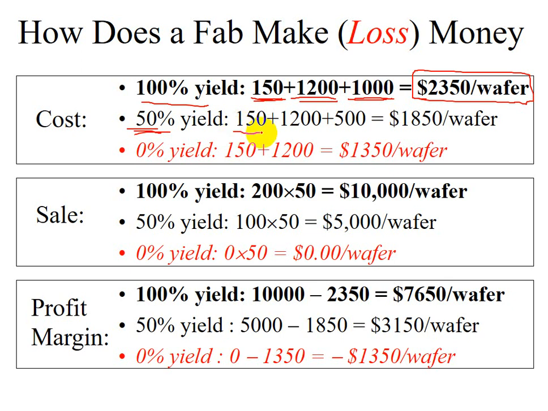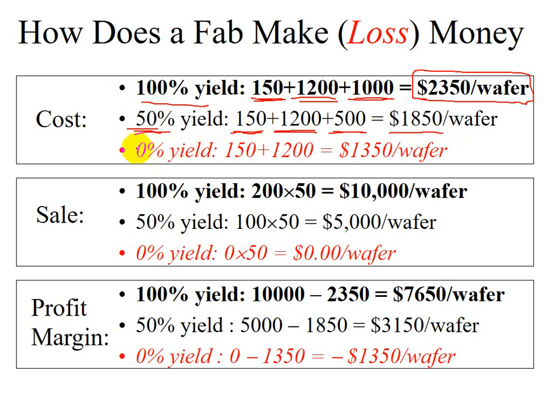If that's a 50% yield, that means only 50% of chips are good. Wafer cost is the same. The process is the same. And you only have 100 chips for the IC packaging. So that'll be $500. So the cost per wafer would be $1,850 in total.